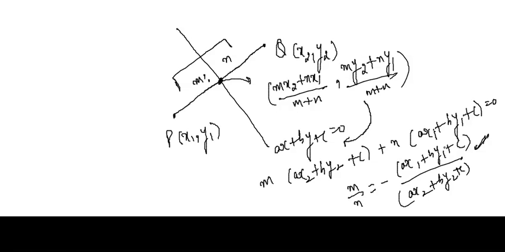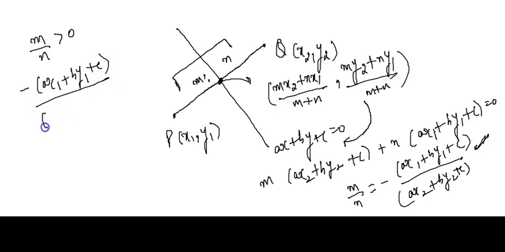Got it? Now m/n is minus (ax1 + by1 + c)/(ax2 + by2 + c). Now if P and Q are on opposite sides, then m/n should be greater than 0, so minus (ax1 + by1 + c)/(ax2 + by2 + c) should be positive.